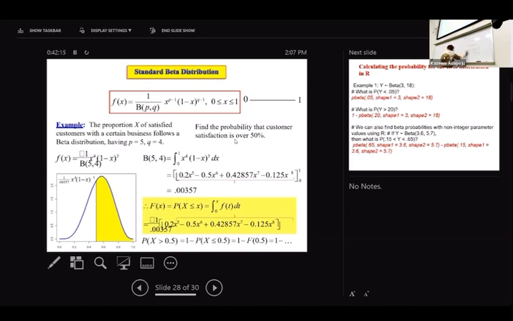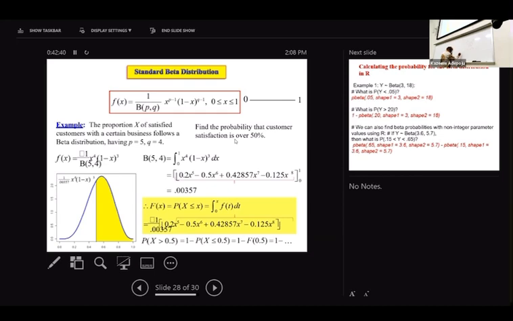Now, I'm going to show you the beta distribution, which is f of x equal to x raised to the power p minus 1, 1 minus x raised to the power q minus 1, over B of p, q. Your p has been given in this question to be 5, and your q equal to 4.